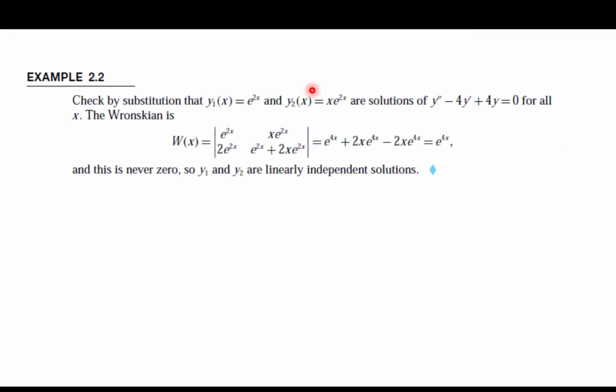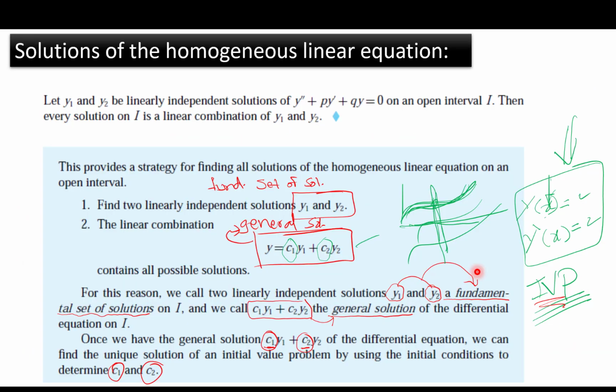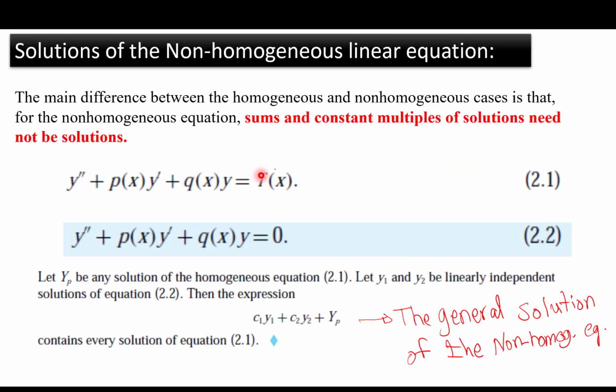It is a function. So let's go back again to the start. This is the homogeneous one, where the right hand side is 0. But there is another case where the right hand side is not going to be 0.